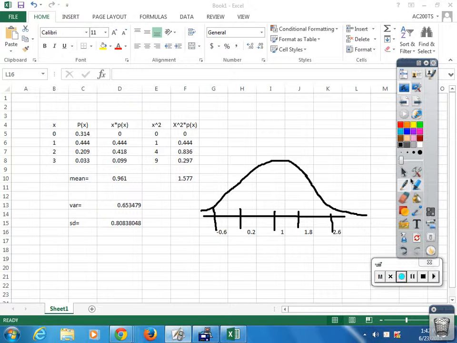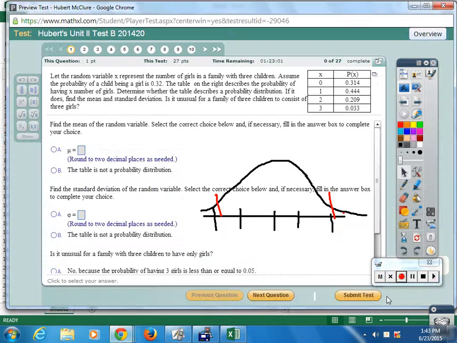Where's 3? Well, you take your handy dandy red marker. 3 is out here. And 3 is outside of what? 2 standard deviations, which is normal. So it's out here. So let's go back to the question and see what it asked.